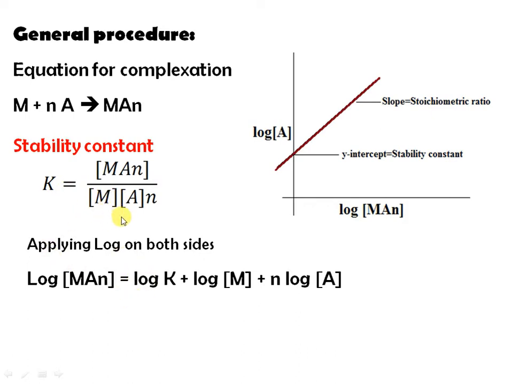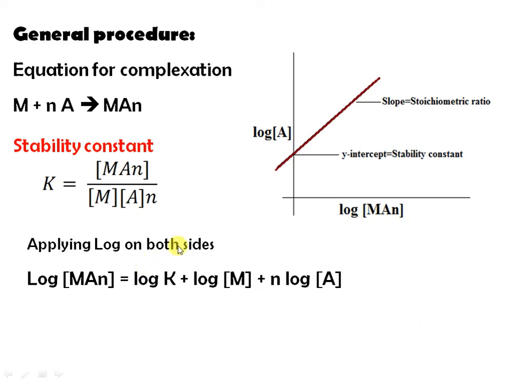After that you have to take a log of this equation, then your equation will become log of MAN is equal to log of K plus. Why is it plus? Because this whole term is required to multiply with K. So here you have to take a plus sign, then log of M plus N log of A. Okay, this is your final equation.